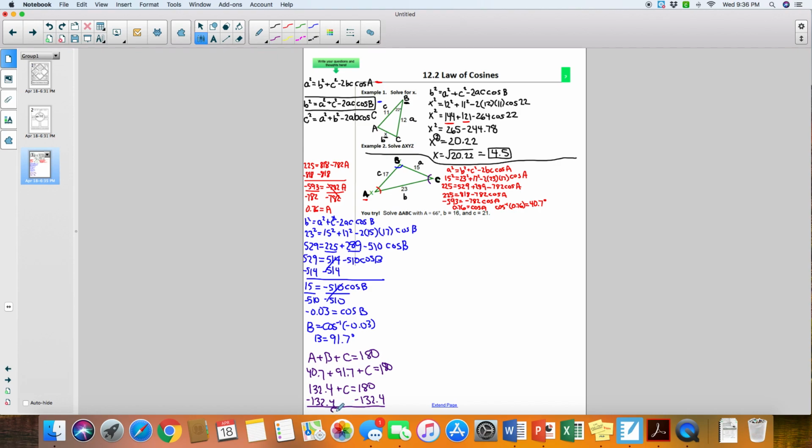And you would get C is equal to 47.6 degrees. So I have solved my triangle and I have found every missing angle, A, B, and C.